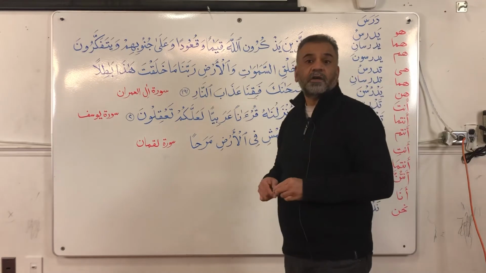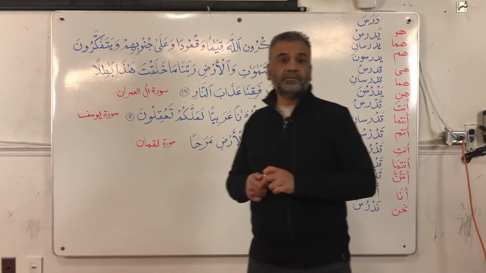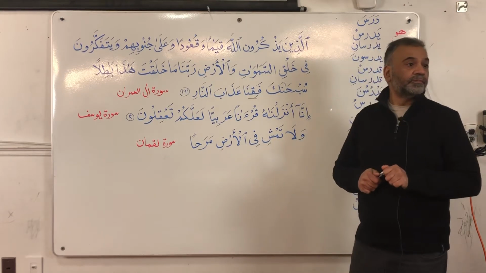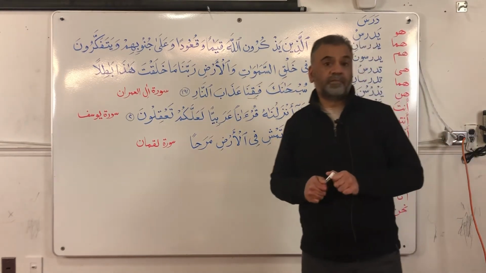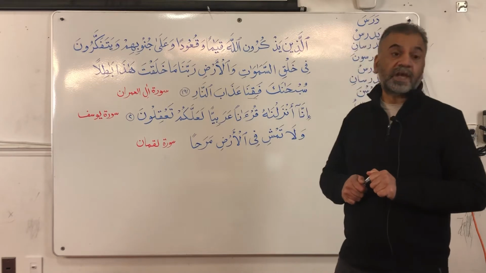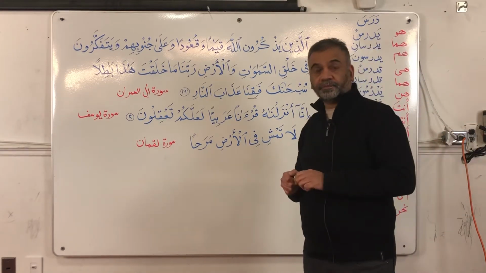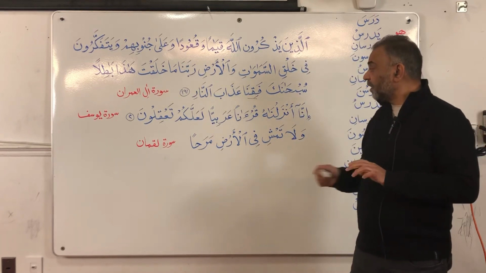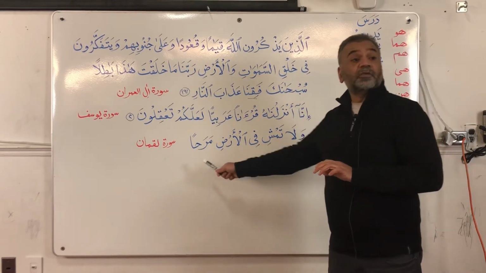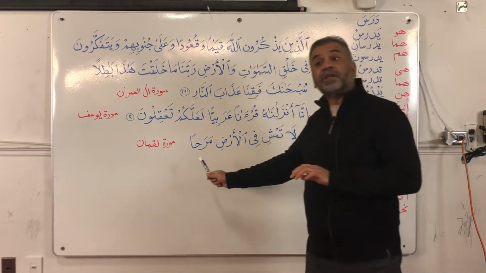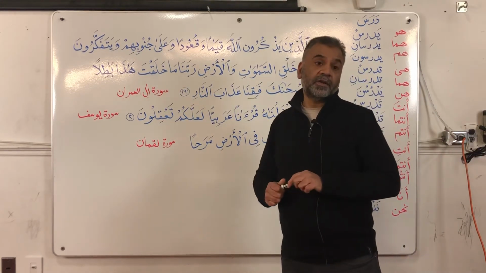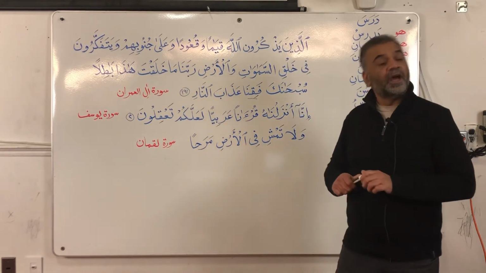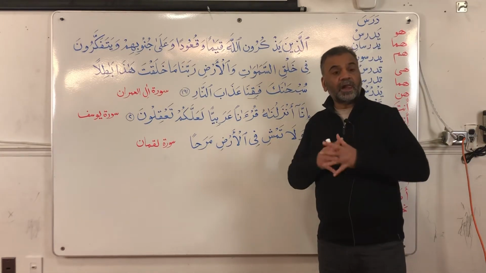Do not walk in what condition? Marahan, with arrogance. Do not walk. La tamshi. In what condition do not walk on earth? In a condition of being arrogant. So, this is your circumstantial adverb, the hal.